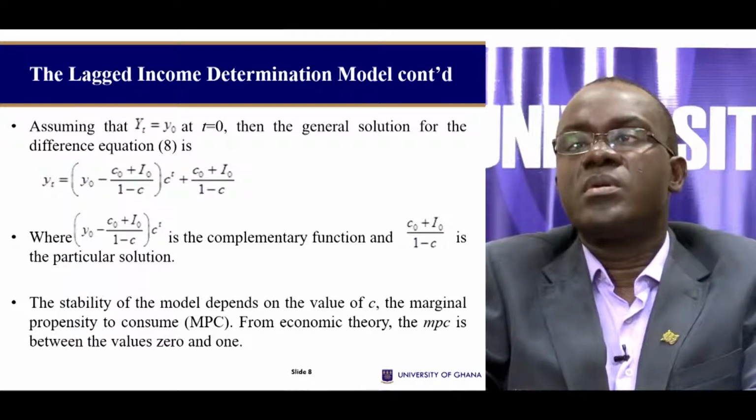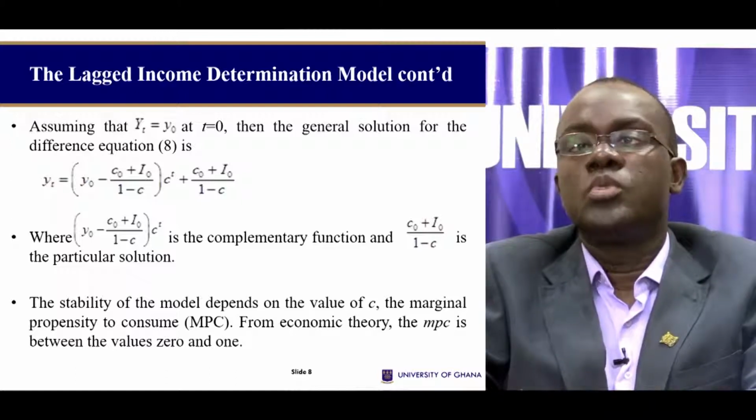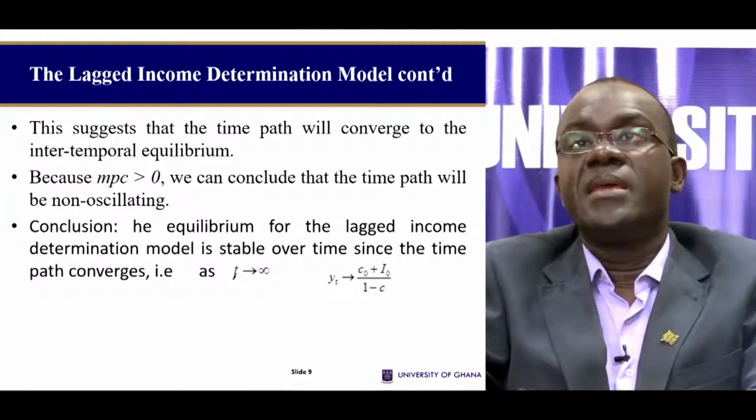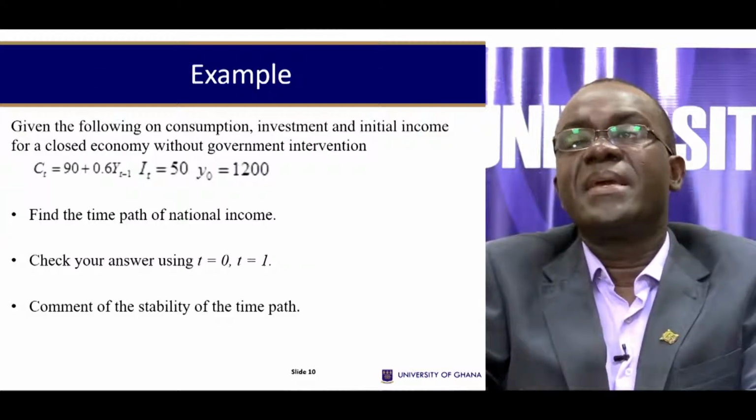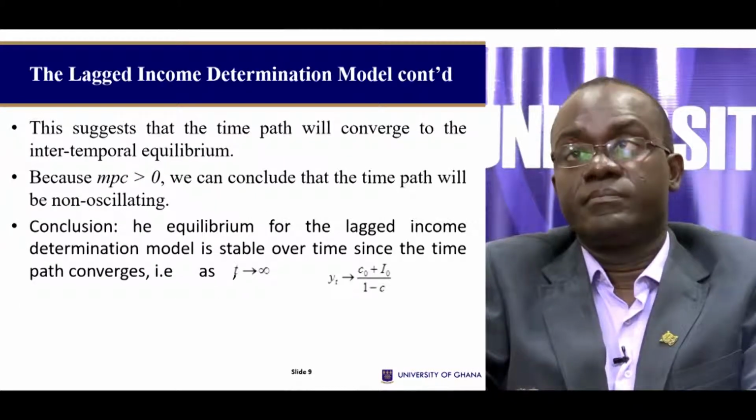The MPC here is the marginal propensity to consume, which is a fraction between 0 and 1. And what I intend discussing here is whether there will be dynamic stability in this model.